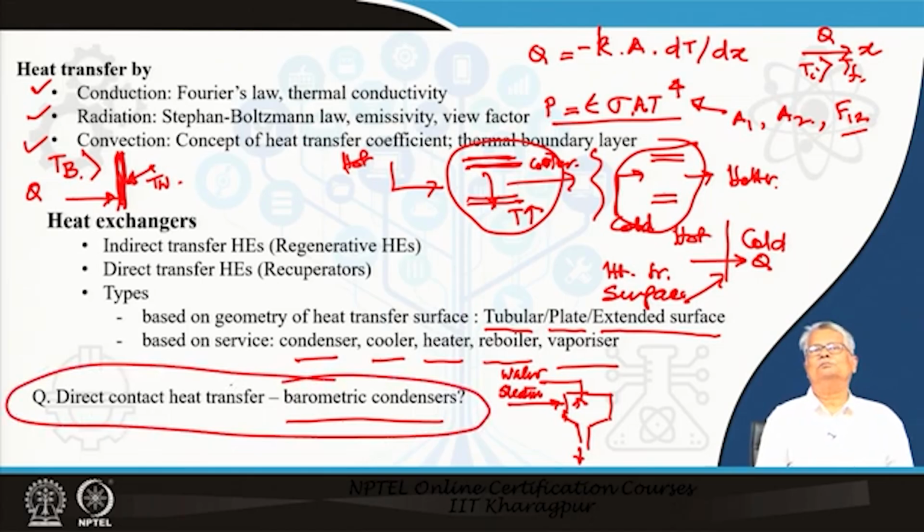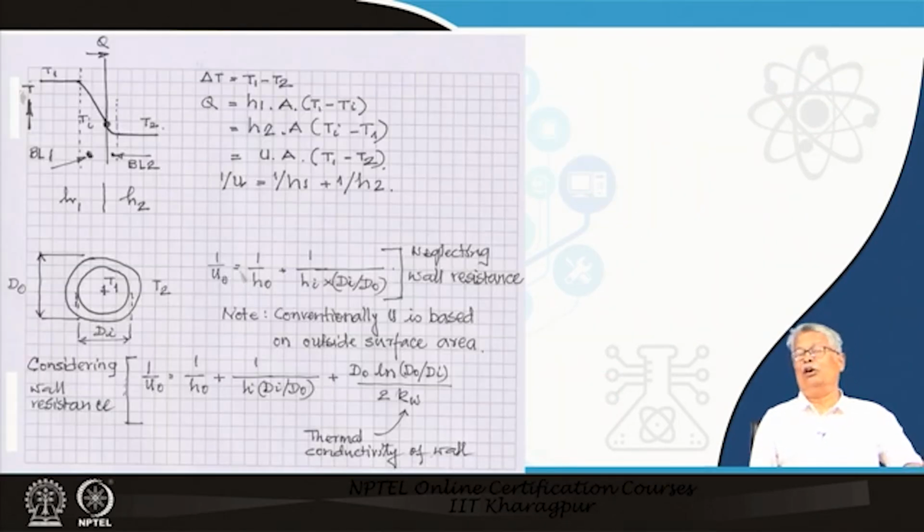It is needless to say that direct contact heat transfer is the most efficient method, since the hot and the cold fluid mix directly, giving the highest level of heat transfer efficiency. But often we are unable to do it because such mixing may not be acceptable from the process angle.